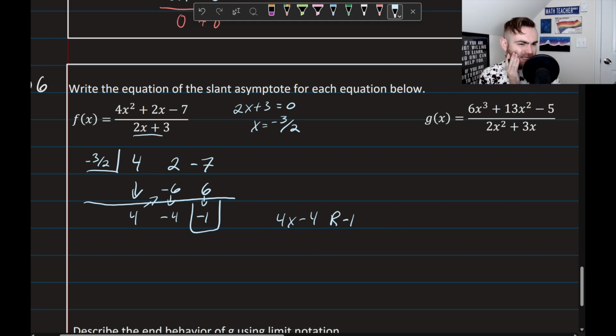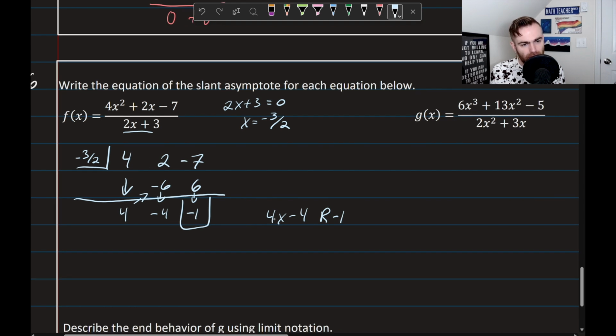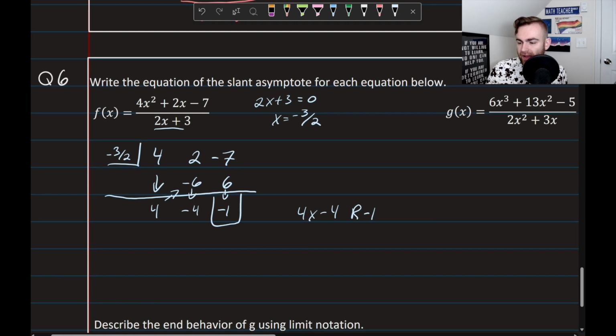But this doesn't make sense for our answer. It doesn't make sense because 4 divided by 2 is 2 and not the 4 we got here. So when you have a fraction, you have to be careful. This is not the right answer. What we're going to do is take the denominator here and divide our answer by that denominator.